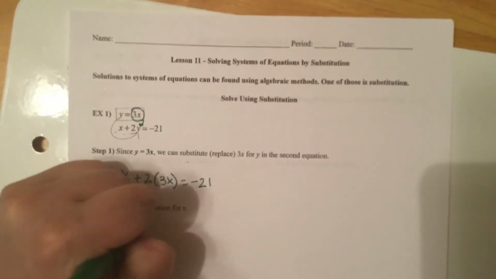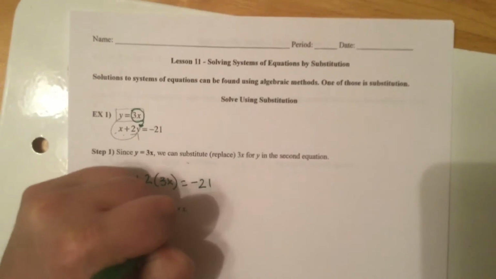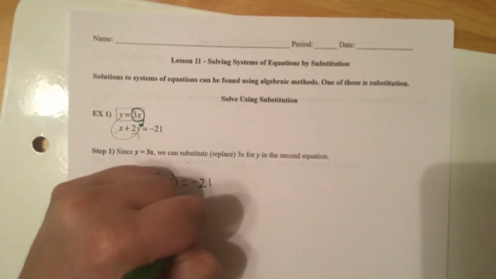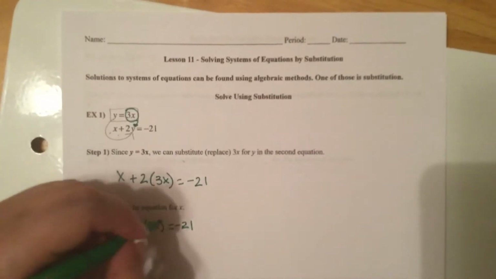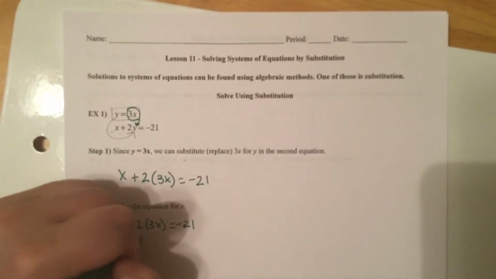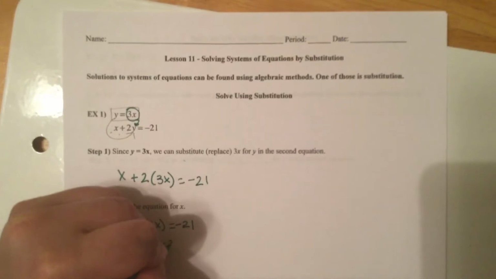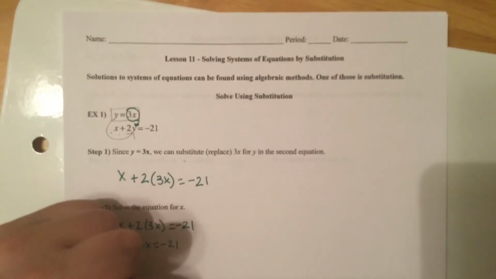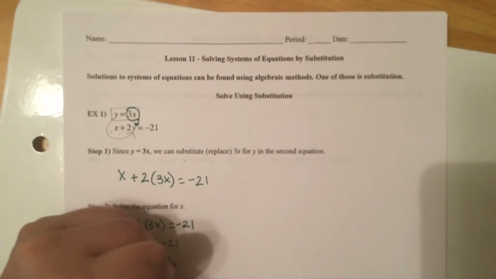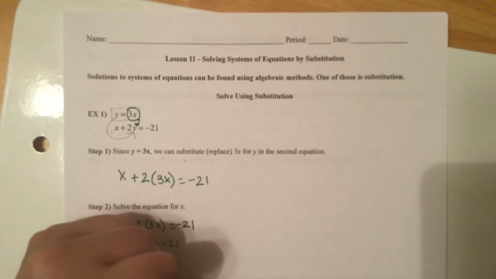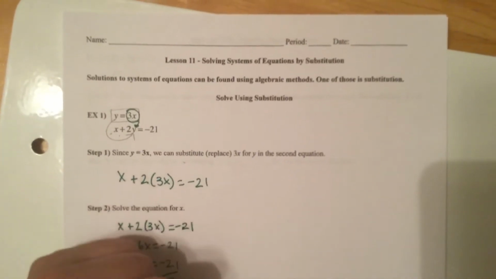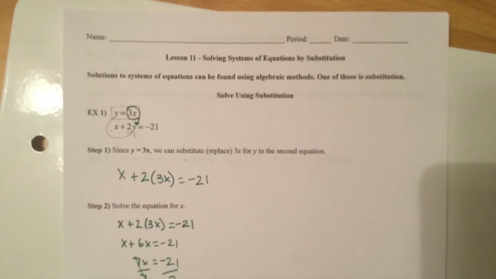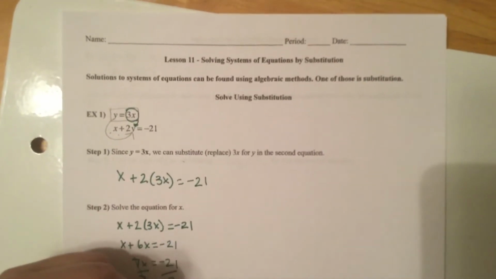Now, using this equation, we can go ahead and solve for x. I'm going to rewrite it so that I'm showing all of my steps. And I found that x equals negative 3.